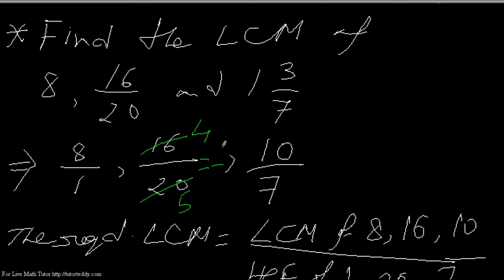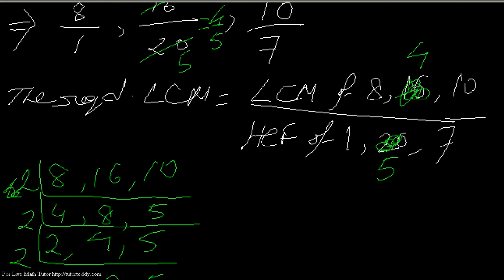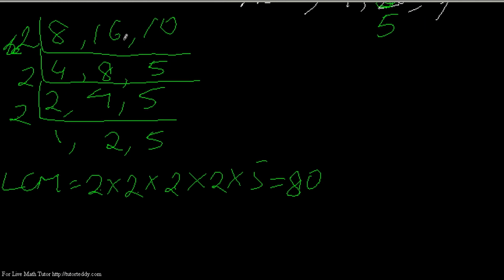So this fraction reduces to 4 by 5, and in that case the required LCM will be the LCM of 8, 4 and 10, and in the denominator not 20 but 5.